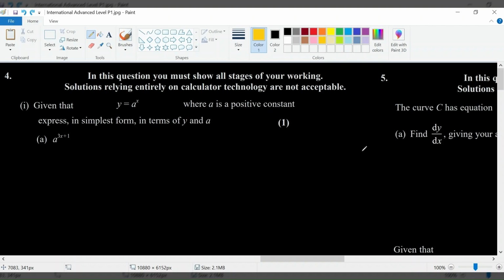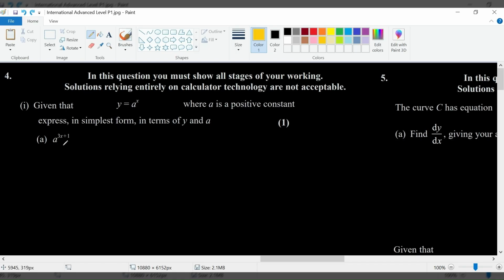Solutions relying entirely on calculator technology are not acceptable. The first part of the question says, given that y equals a to the power x, where a is a positive constant, express in simplest form in terms of y and a. We should use a and y only. You know very well that when numbers are multiplied, powers are added.